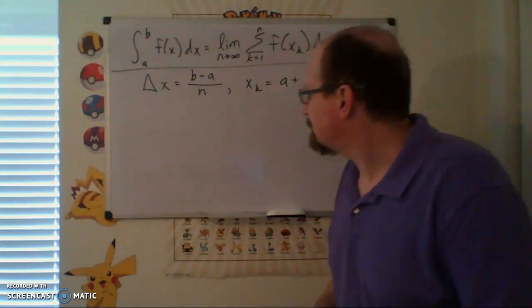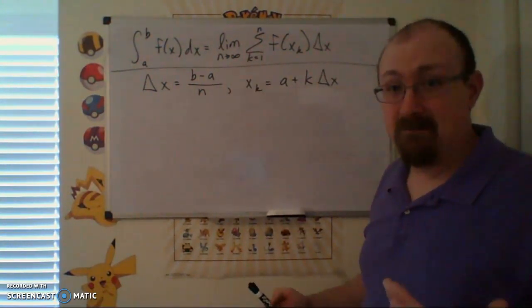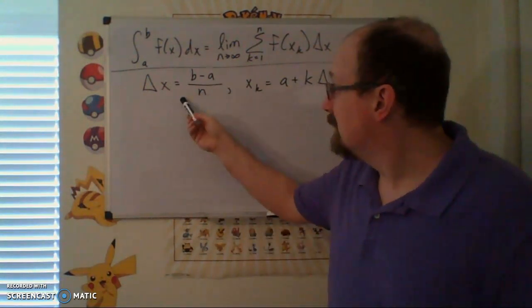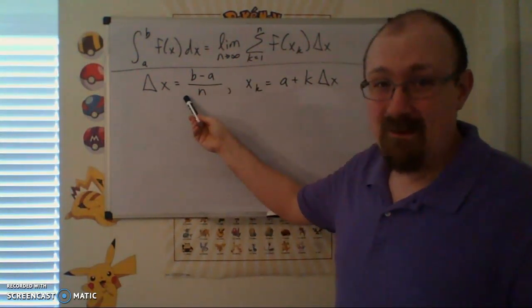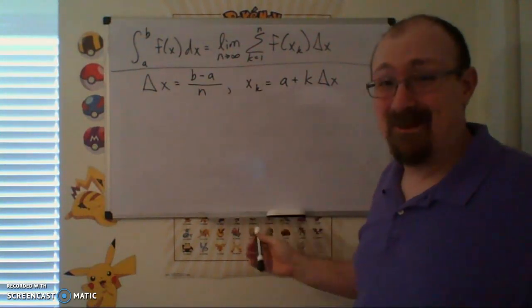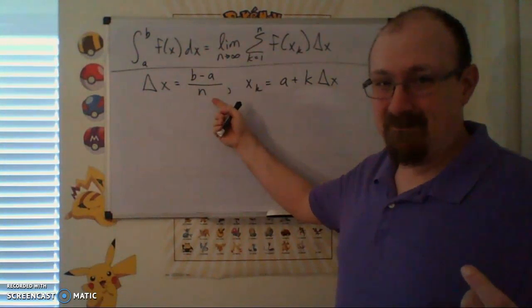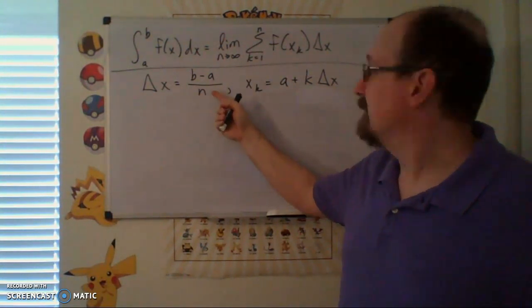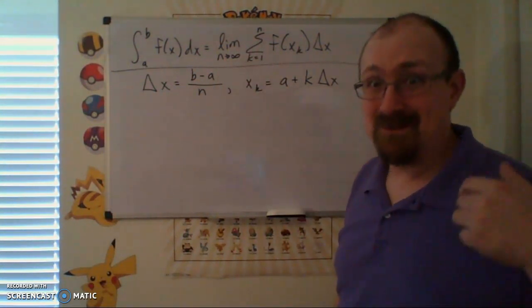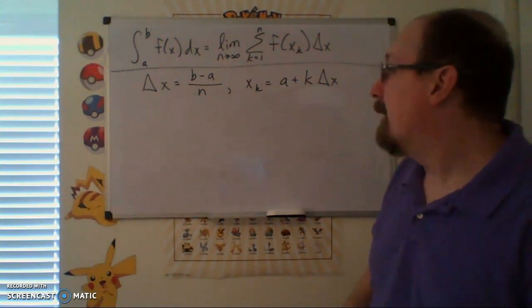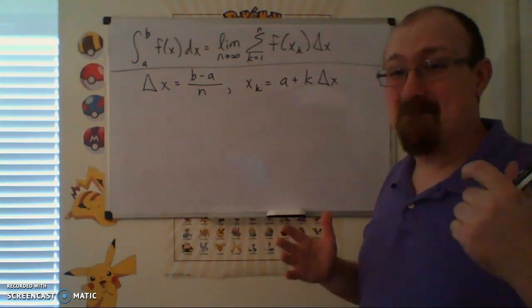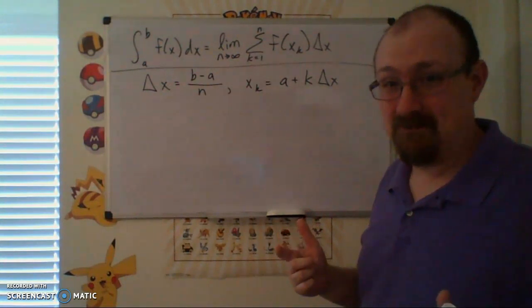So just as a reminder, we're going to end up using these a fair bit going forward. Delta x, that's the width of each of these intervals. It looks like that. In the examples you're going to see here, we're not going to have a number we're plugging in for n, because it's the variable we're leaving around and we're taking a limit with respect to. As I said, it doesn't particularly matter how we pick the x of k.